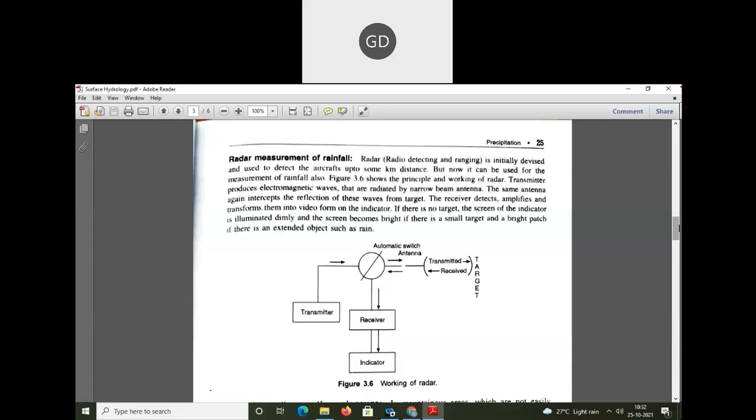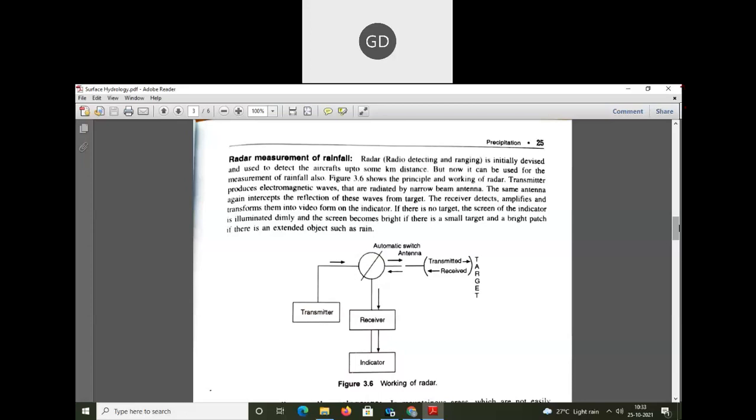It is written there that if there is no target, the screen of the indicator is illuminated dimly, and the screen becomes bright if there is a small target, and a bright patch if there is an extended object such as rain. So if there is no target, the screen of the indicator illuminates very dimly.